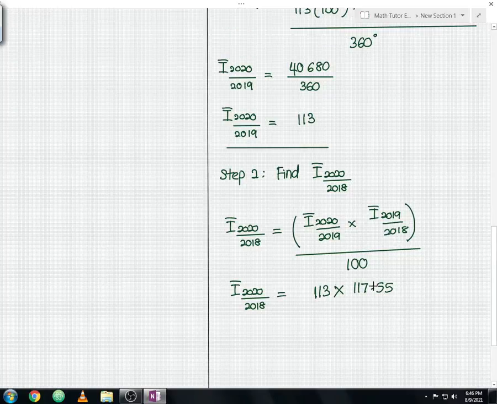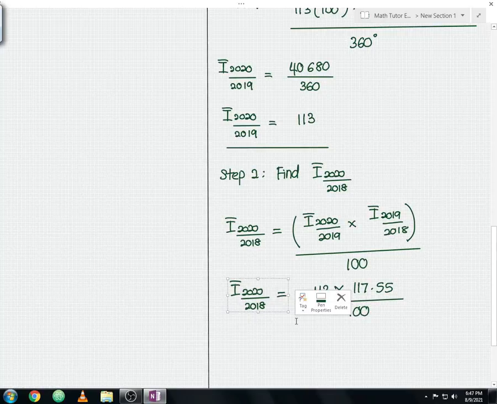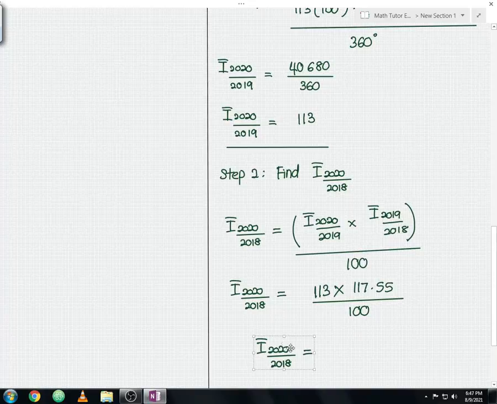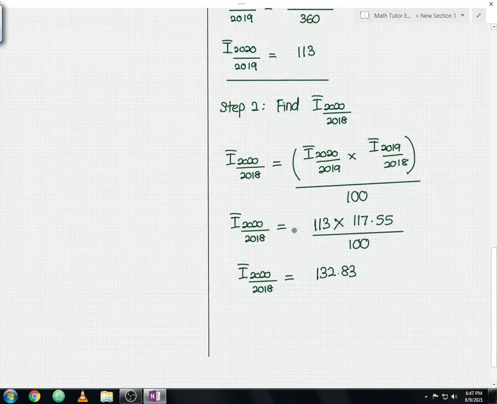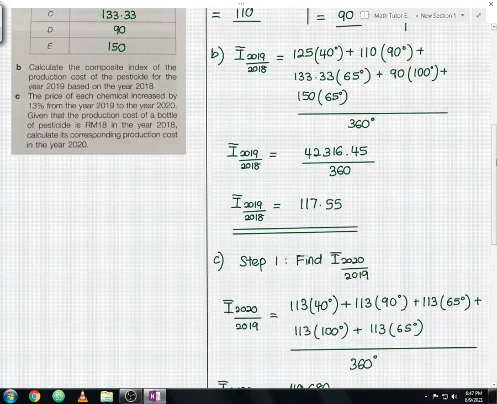So these two you times and you divide with 100. So from here you should get the composite index of the year 2020 based on the year 2018 is 132.83. Once you find this composite index, then only you can proceed to find the price of the pesticide in the year 2020 based on the year 2018.